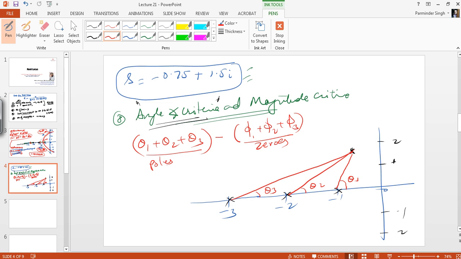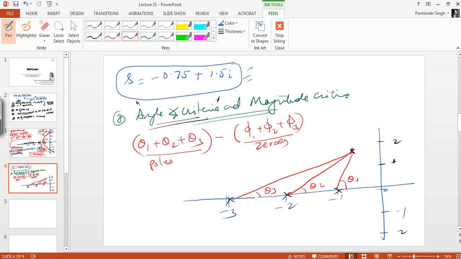If there is any zero, suppose somewhere here at minus 4, we need to measure that also, and that will be your phi 1. Clear? Currently there is no phi, so let's not use it. Now we measure all these angles.